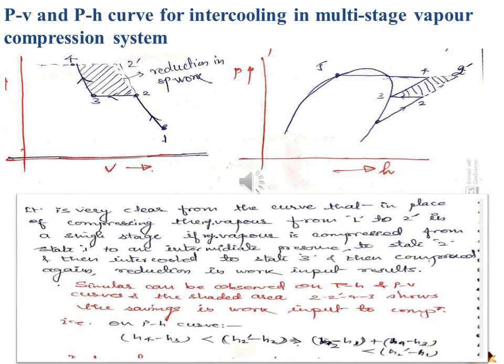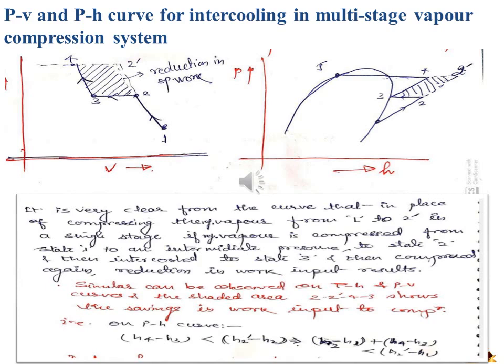A similar thing can also be observed in the pH curve, the pressure versus enthalpy curve. Point 1 to 2 dash directly shows the compression in a single stage compressor, while 1 to 2, then 2 to 3 and 3 to 4 show the compression of the refrigerant in the first stage, followed by intercooling, and then the second stage of compression. Here we can also see that the area 2, 2 dash, 4 and 3 clearly shows the reduction of specific work.